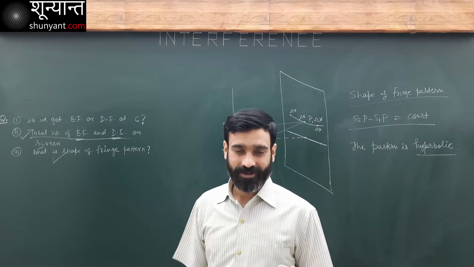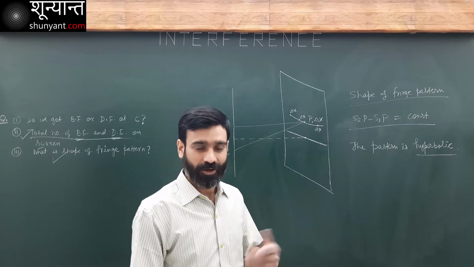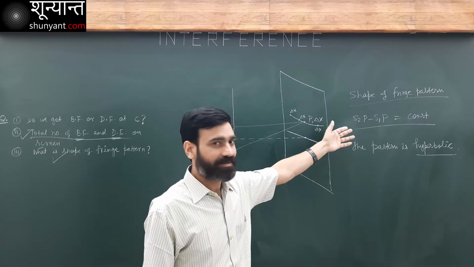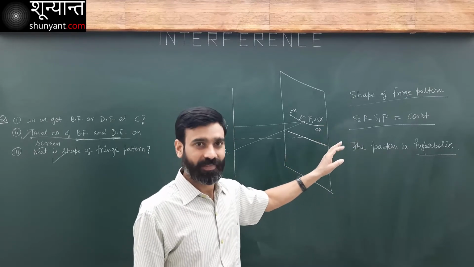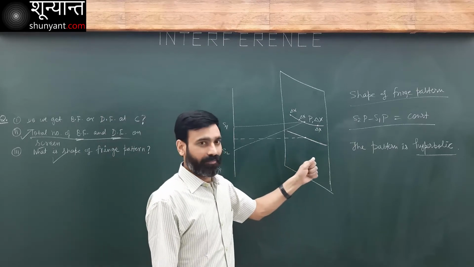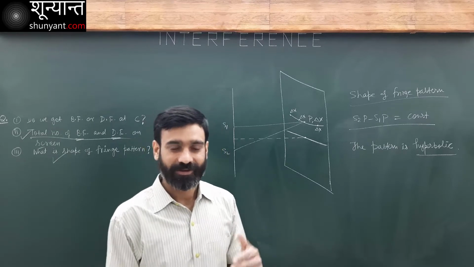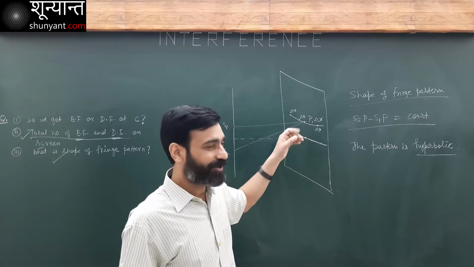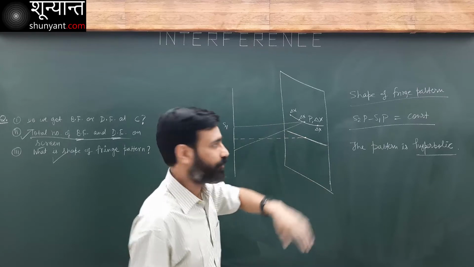If you have some mathematical background, or if you are taking a mathematics course along with this course, you must have understood it immediately, because this is the standard condition for a hyperbola. For those who are not, just remember that in a normal setup, the shape of the fringe pattern is going to be hyperbolic.